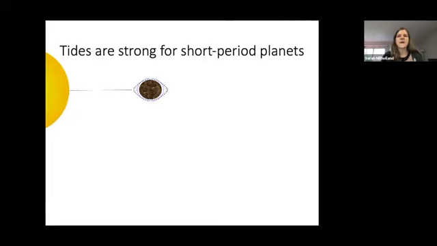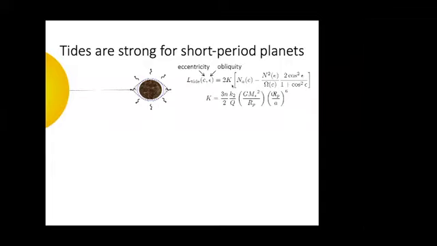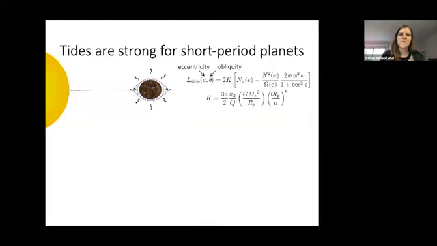In an equilibrium tide model, which is the simplest tide model that we can have, this tidal heating in the planet is given by an expression something like this that depends on the eccentricity of the orbit as well as the obliquity or axial tilt of the planet.